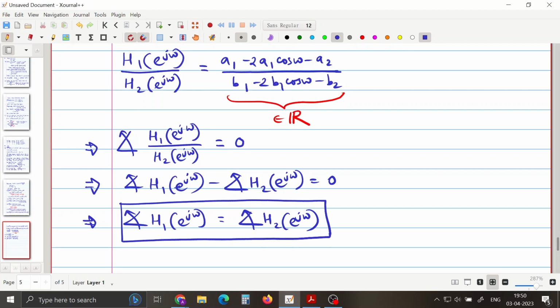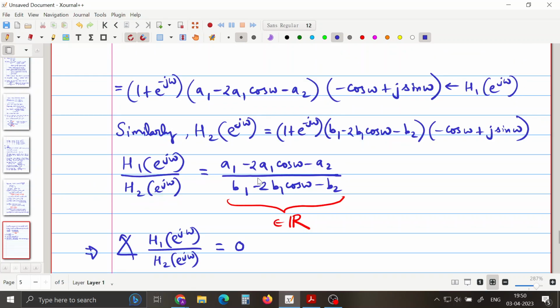So see, they have exactly the same phases, exact same phase response. So we have verified it algebraically as well.